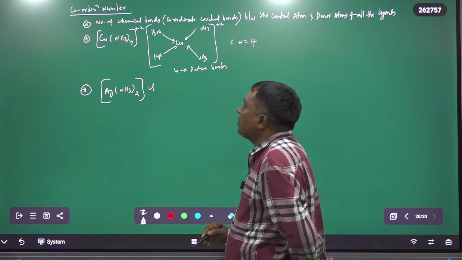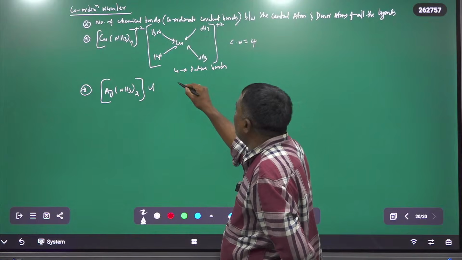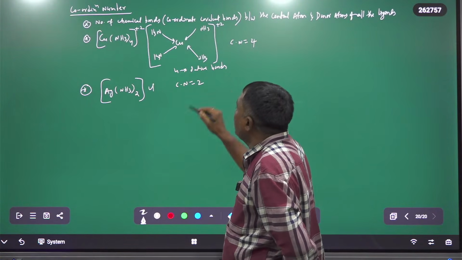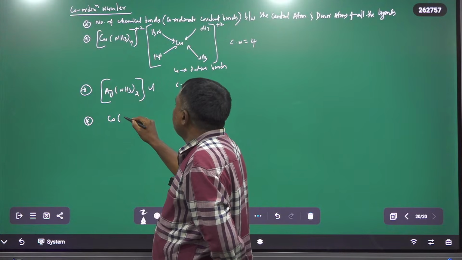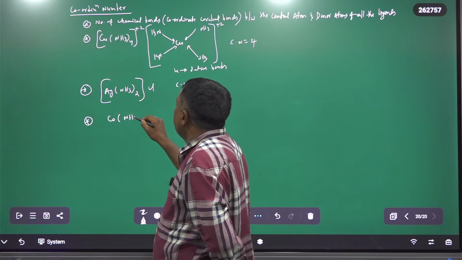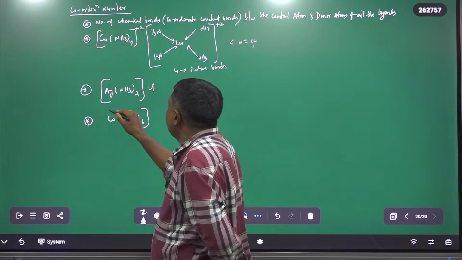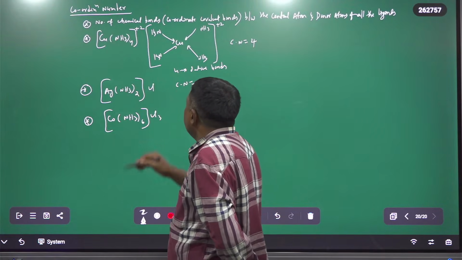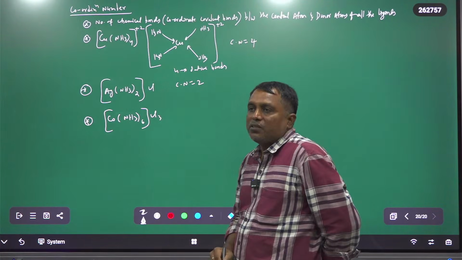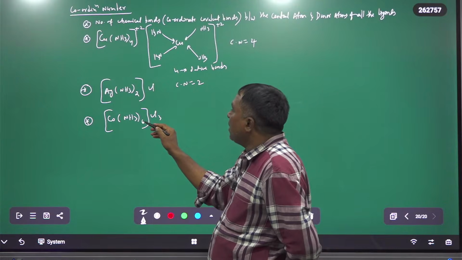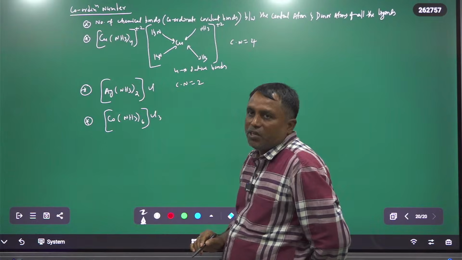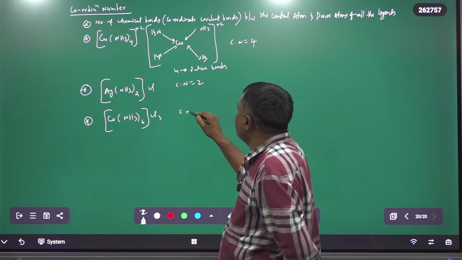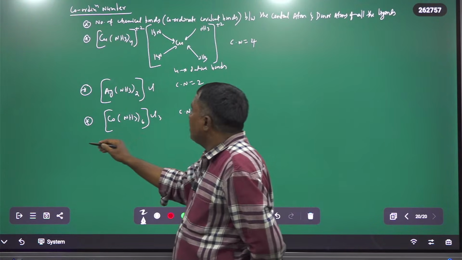Therefore the coordination number is 2 only. Suppose [Co(NH3)6]Cl3. There are 6 coordinate covalent bonds between the NH3 and Co. Therefore the coordination number is equal to 6.